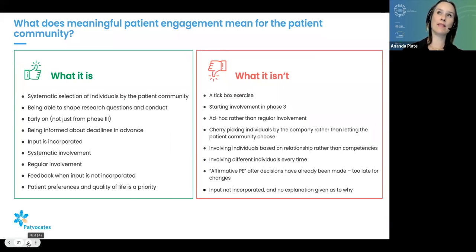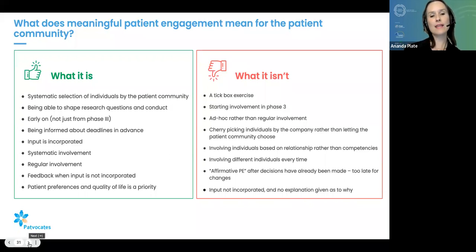Also something that unfortunately we see and that it is a bit of a threat to the whole process is involving different individuals every time that you make patient engagement happen. So there's no group learning of what is happening.